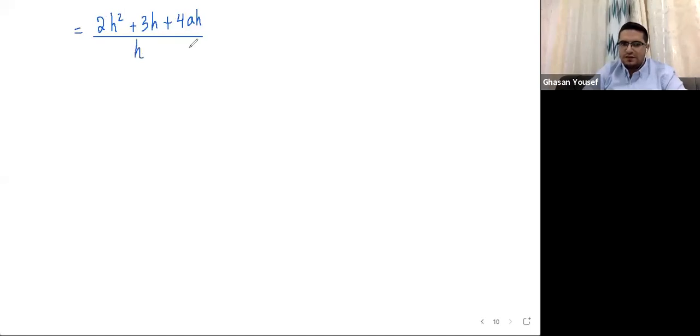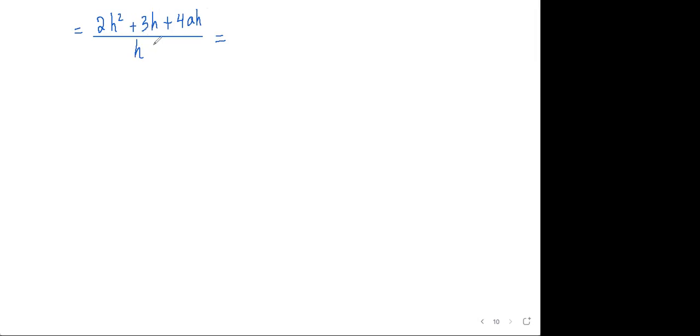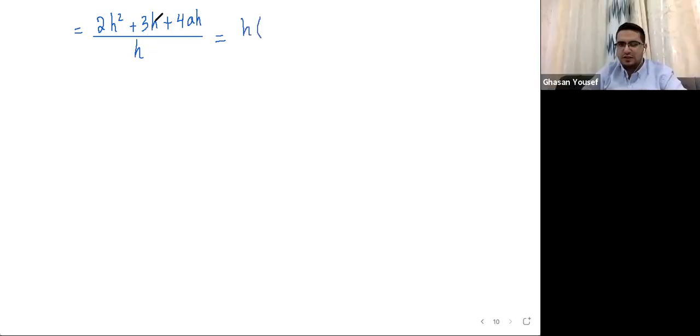We can simplify these things. What is the factor for the numerator here? What's the factor for this one? H. So we take h outside. Here what is left is 2h plus 3 plus 4a over h.